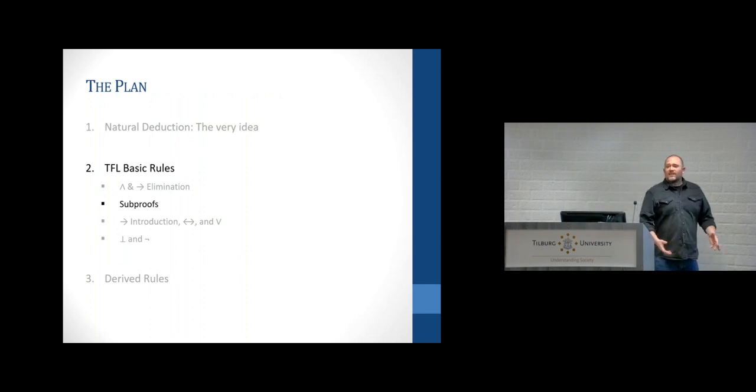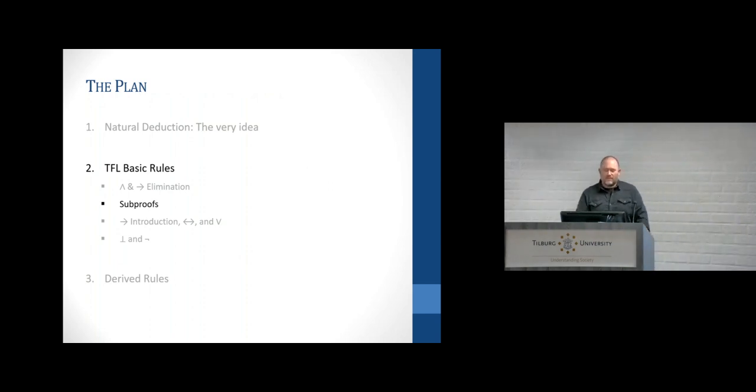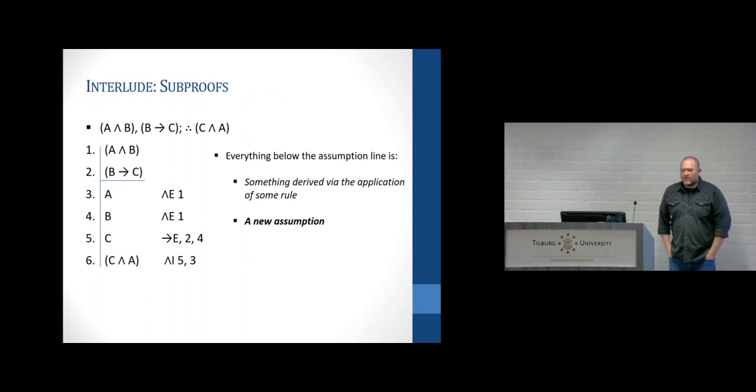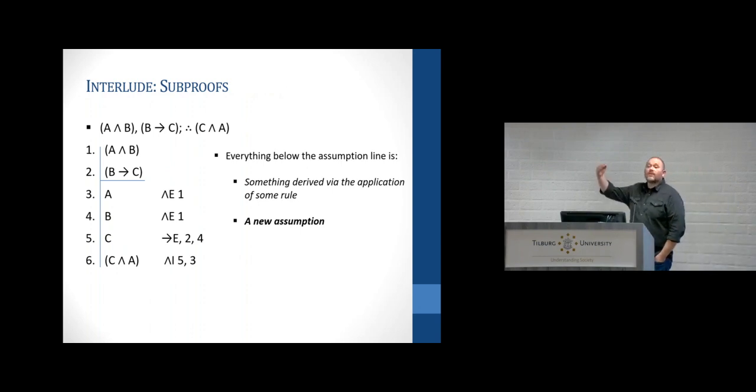So now, a little interlude. The interlude involves what we'll call subproofs. Now remember, right off the jump, I said something about how everything below the assumption line is either going to be a sentence derived using a rule or a new assumption.